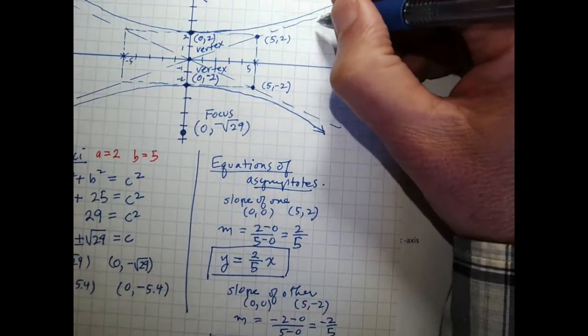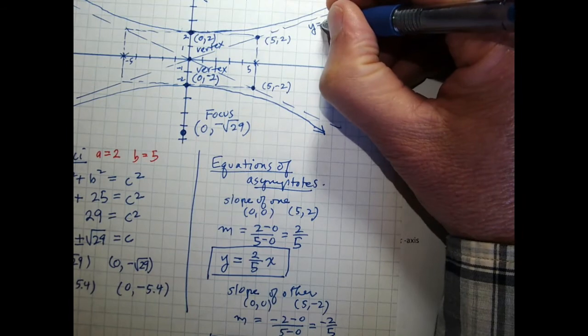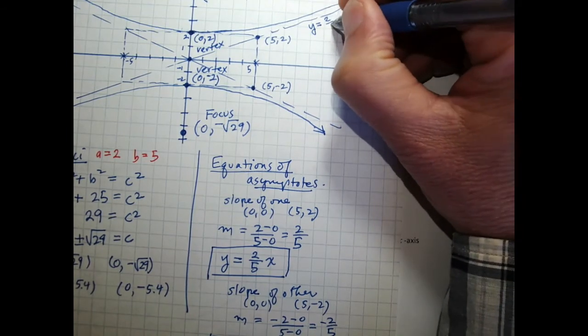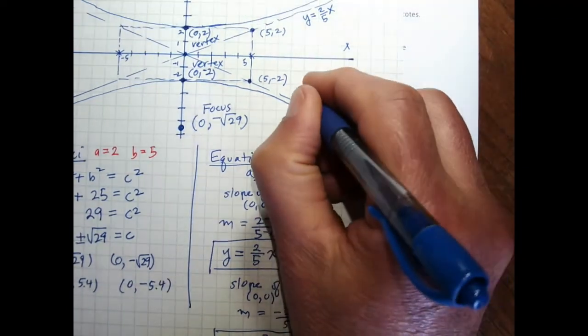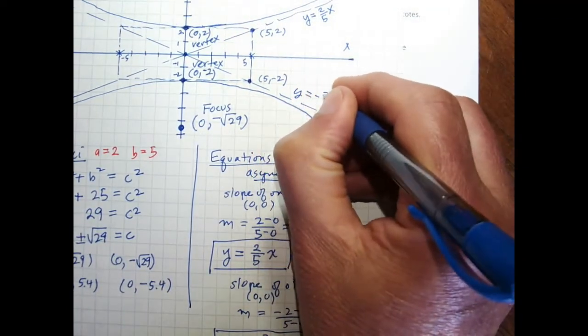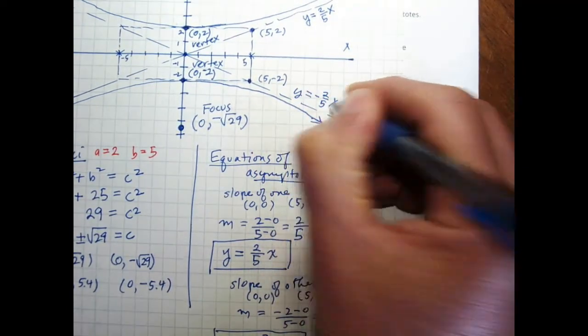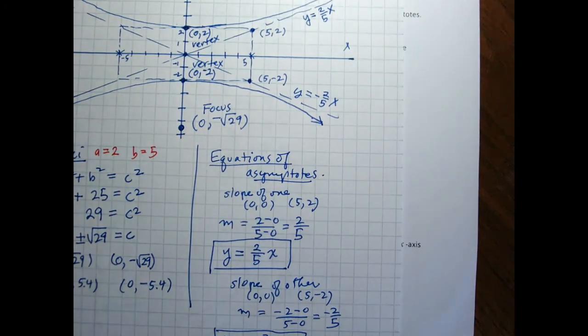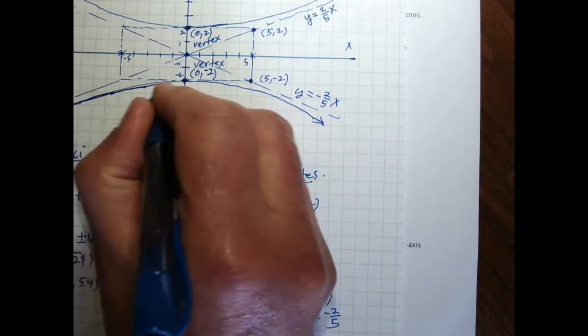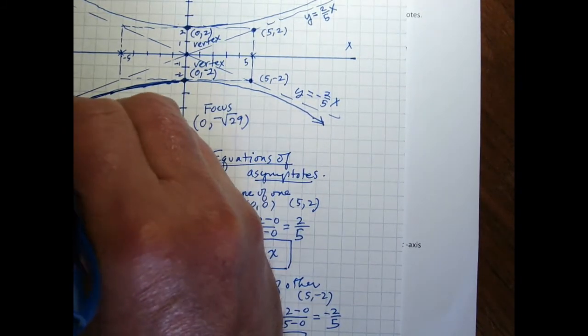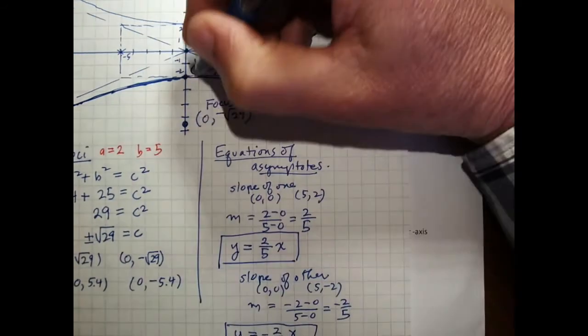So here we have y equals 2/5 x is that line. My other asymptote is y equals negative 2/5 x. And I want to darken my hyperbola here because you barely see the hyperbola in all this drawing.